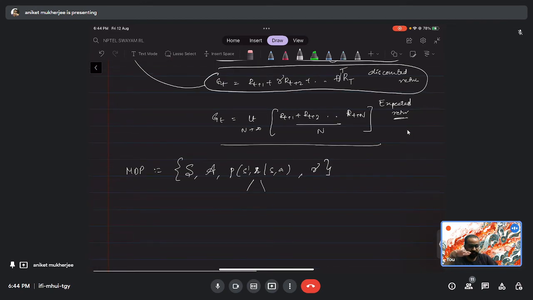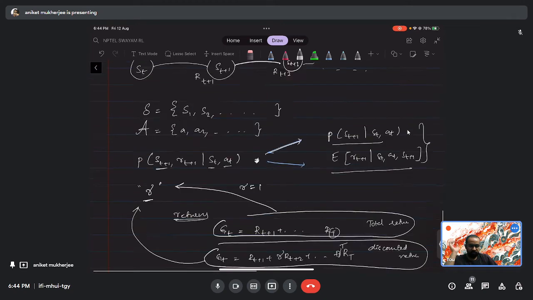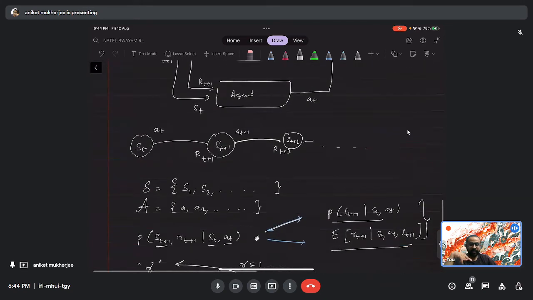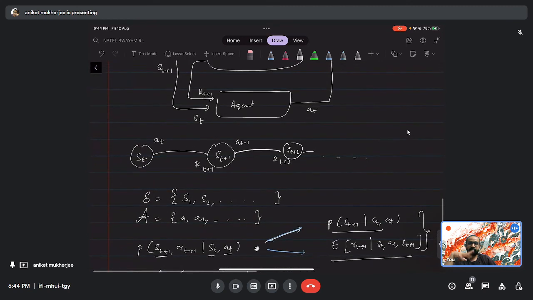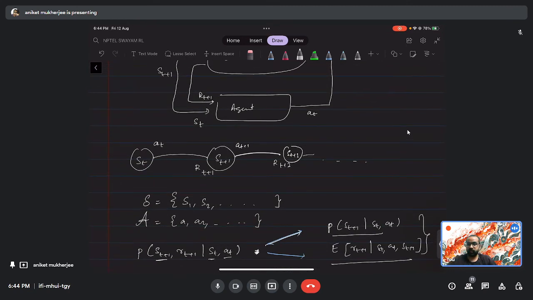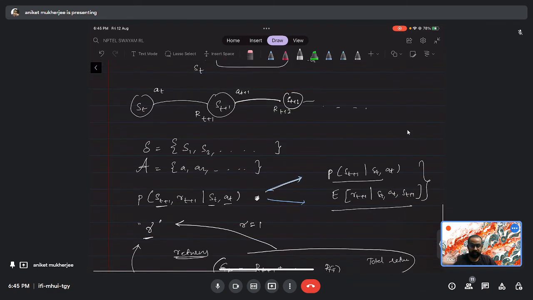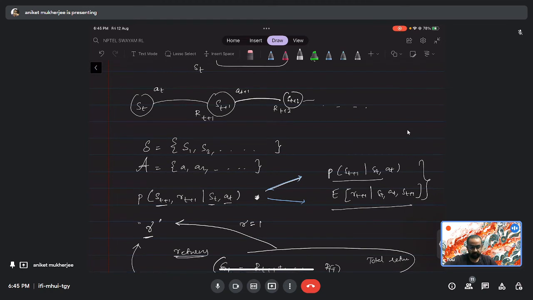This encapsulates your whole MDP. I hope there is no doubt in this part. I've not even stated what the value function is, so if you have any doubt about the value function, you can ask.